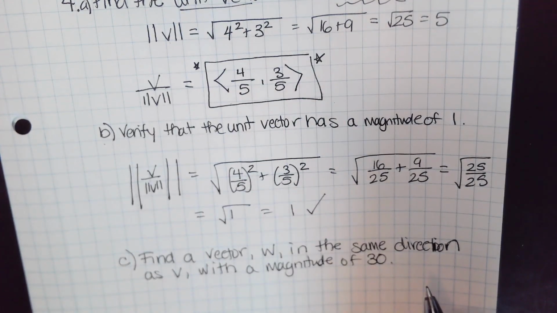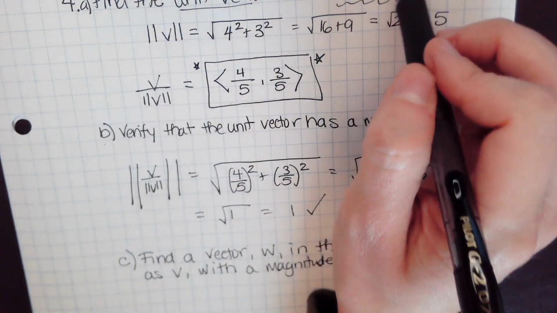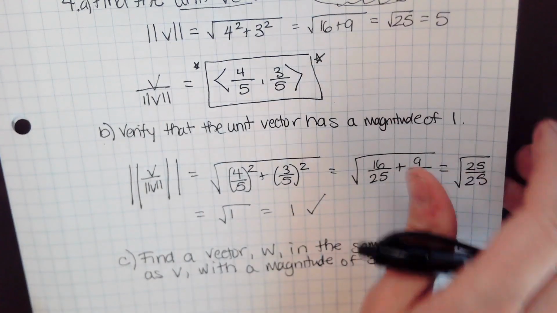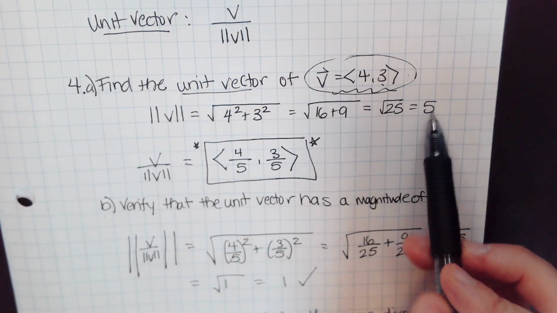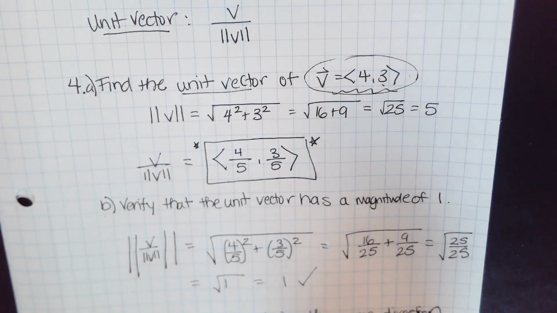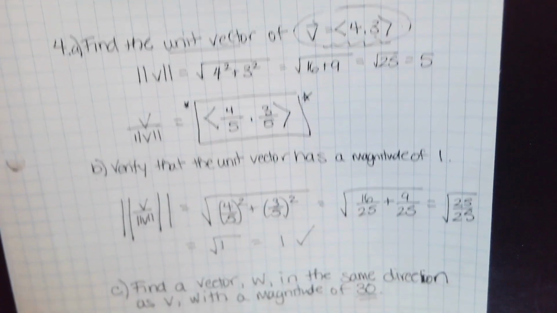So once you find your unit vector, we want to take vector V and have it be in the same direction, but instead of having a magnitude of 5, which this one has, I want it to have a magnitude of 30.